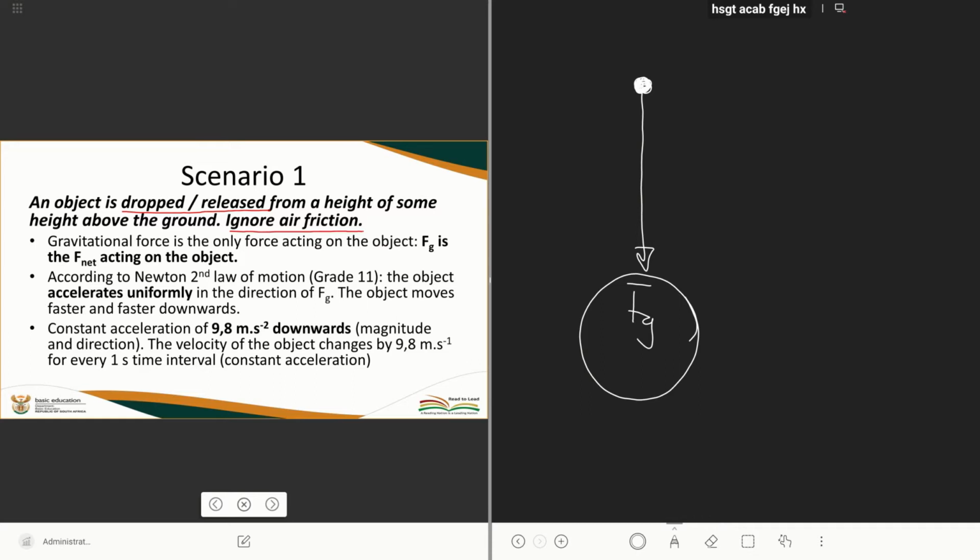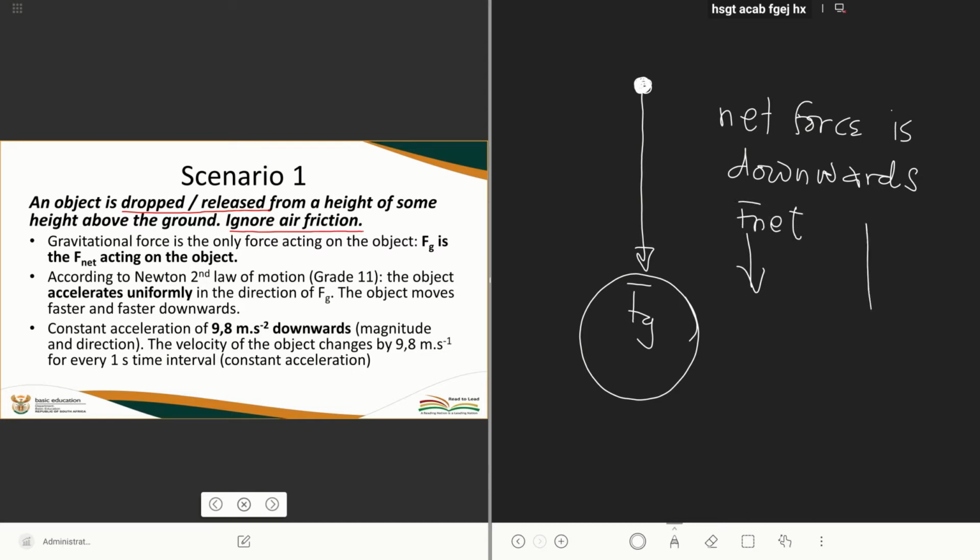In which direction is the net force? Net force is downwards, okay? So the net force acting on the object is downwards. So if the net force is downwards, what's the direction of acceleration? According to Newton's second law, the acceleration must be in the direction of the net force.